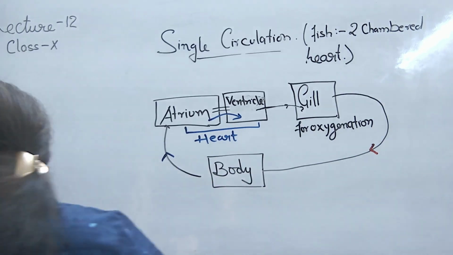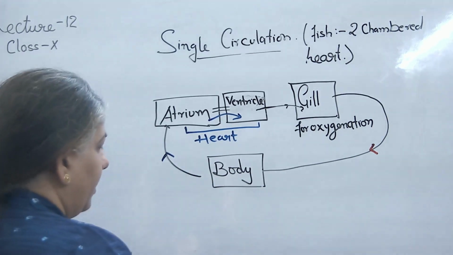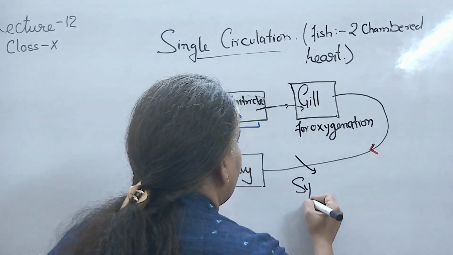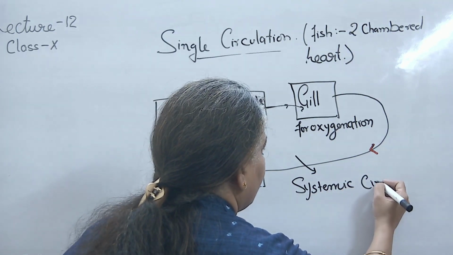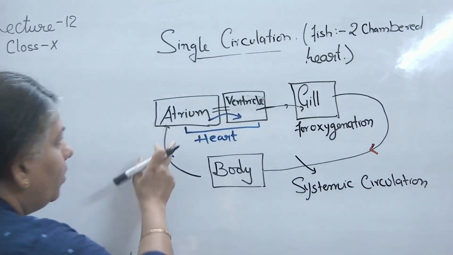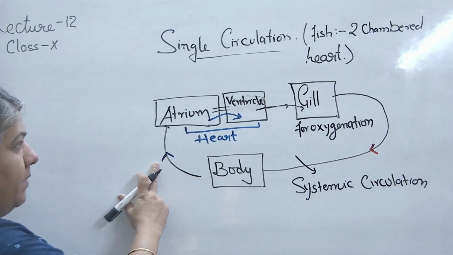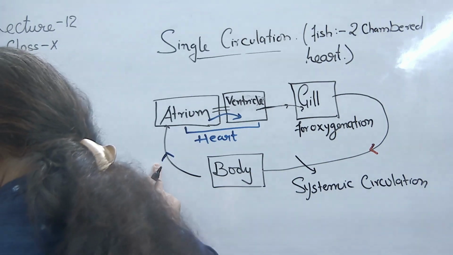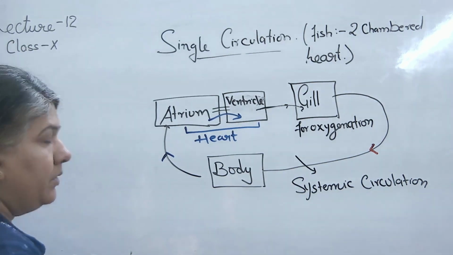So here we see there is just systemic circulation. And blood enters the heart only once, and that too as deoxygenated blood. So this is called single circulation. So this is carried out in fishes.